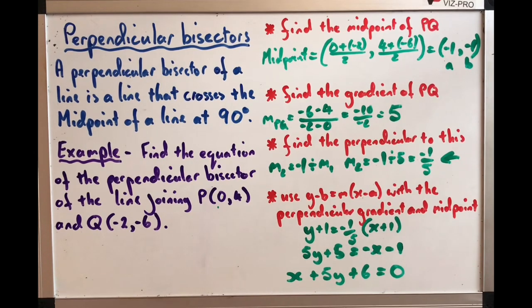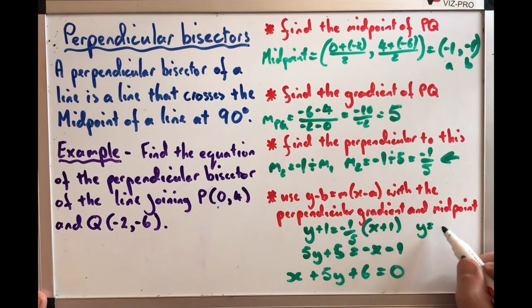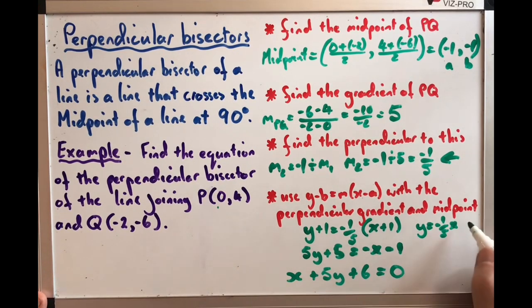The other way you could have written this is rearrange it and have y equals -1/5 x, then -1/5 take away 1, which would be -6 over 5. You could write it like that if you wanted. However, I think the other is a neater way of writing it.